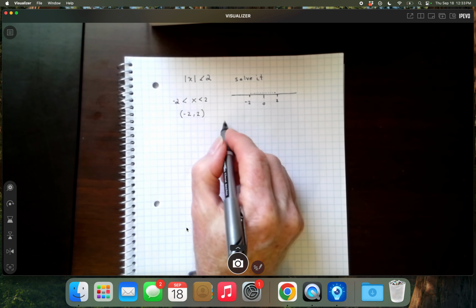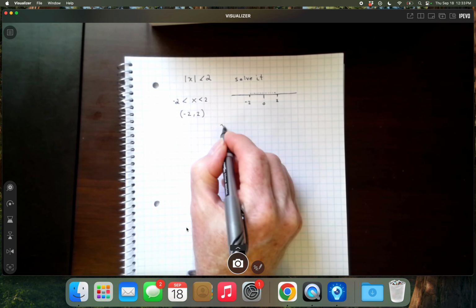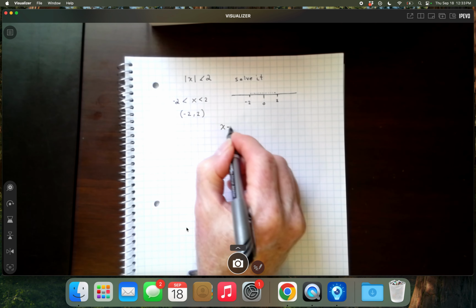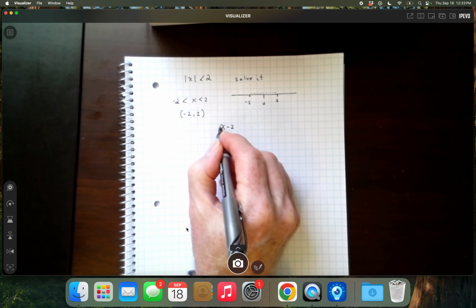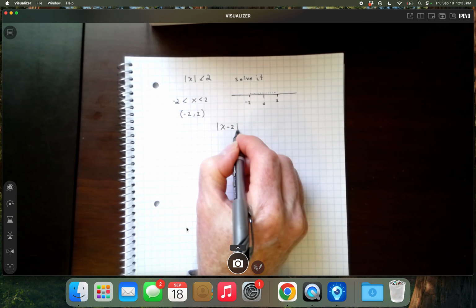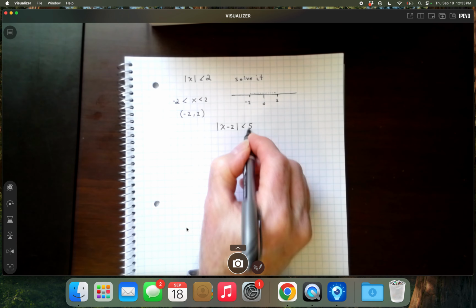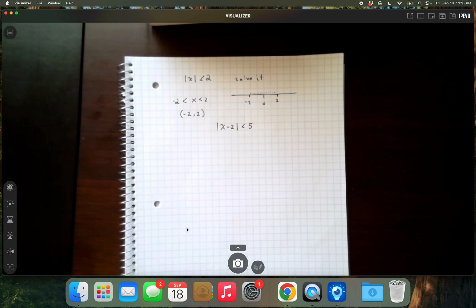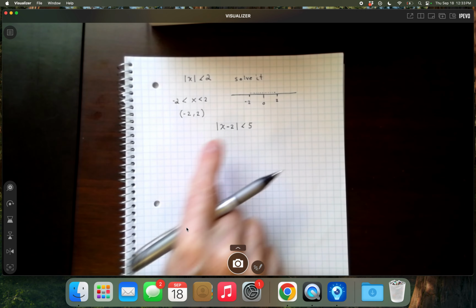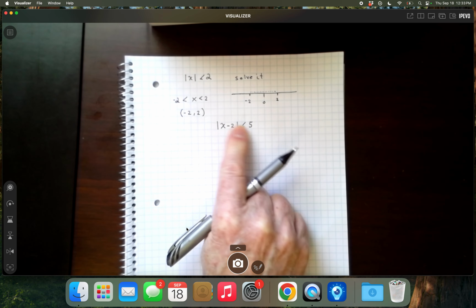Now, another example is absolute value of x minus 2 is less than 5. And we want to solve that. How do you remove this absolute value? We're saying the absolute value of something is less than 5.